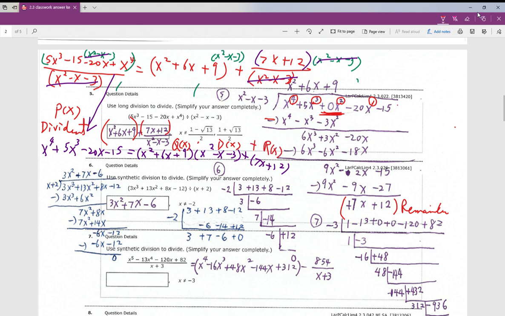When the remainder is 0, then we say it's evenly divided and can be factored. But most of the time, remainder is not 0, then you just write down the remainder.